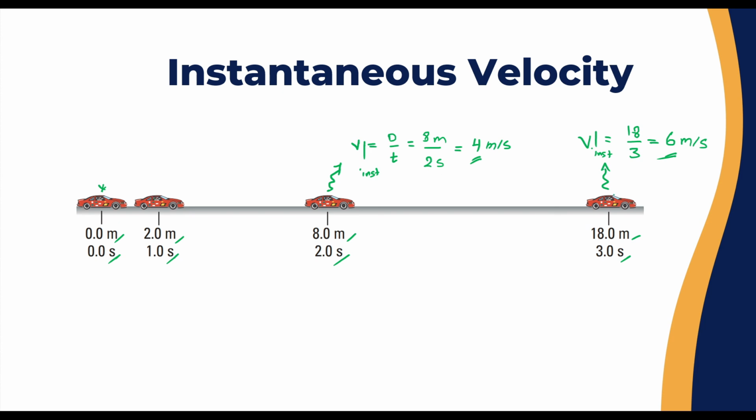It's just driving at 4 meters per second. There's no increase or decrease in the velocity. In this case, the velocity is constant. The velocity will be the same wherever you measure it. But in this case, distance is changing and time is changing. Then the instantaneous velocity will be different from one location to another.